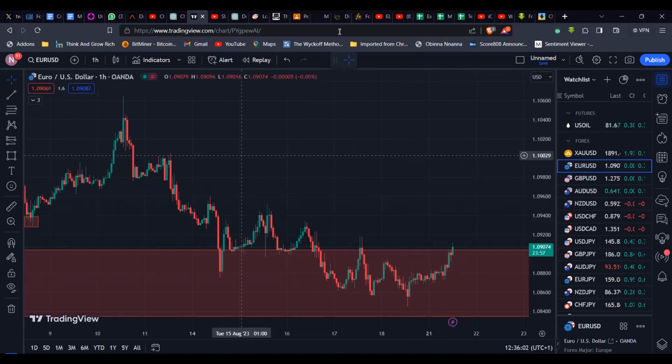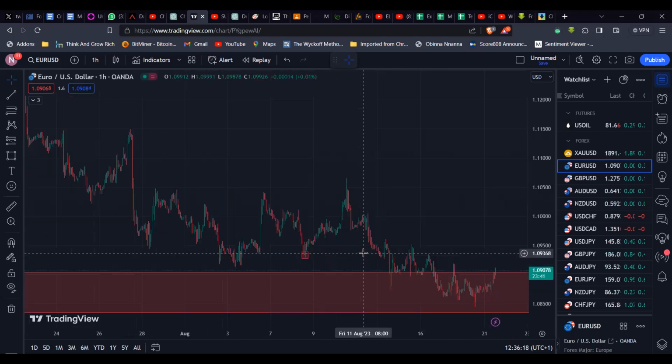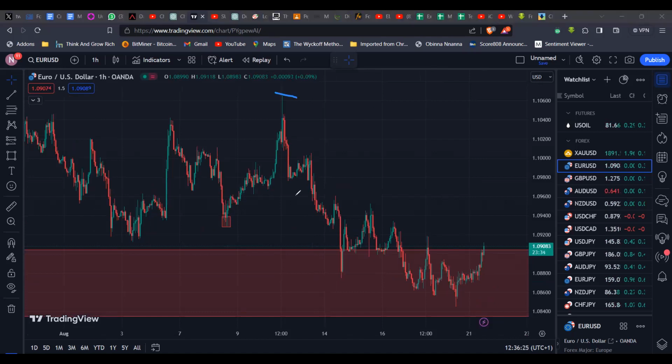Now you're seeing that, okay, from that high, which is here, you can see this is that high, and then price has been in this kind of bearish structure, at least on this 1 hour time frame, coming into this zone. So what I would like to see to begin to look for buying opportunities is for the market to begin to shift bullish, at least on this time frame. So you can see lower high to lower low, lower high to lower low, to lower high, right?